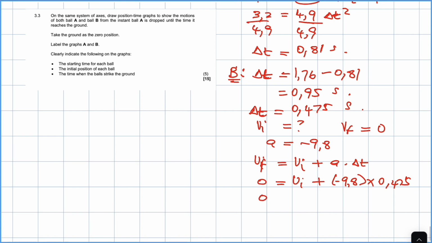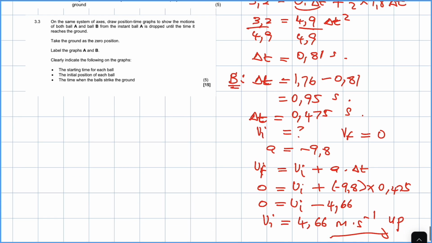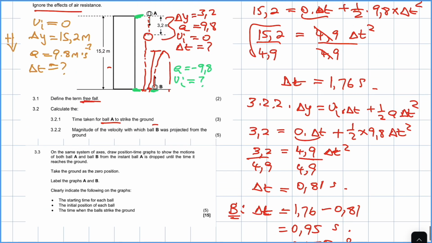That gives us 0 equals VI minus 9.8 times 0.475, which is 4.66. You transpose, and VI is going to be 4.66 meters per second, and that is going upwards. So that will be the initial velocity of ball B.